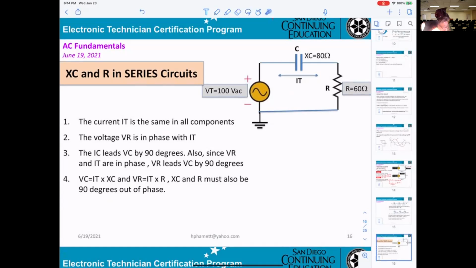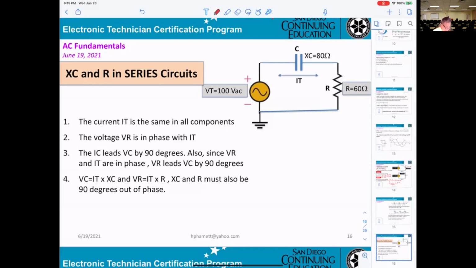So now you're looking at this circuitry here. The capacitor has 80 ohm, and R will be 60 ohm. Now, the current IT is the same in the components. The current going to C or going to R will be only one current.